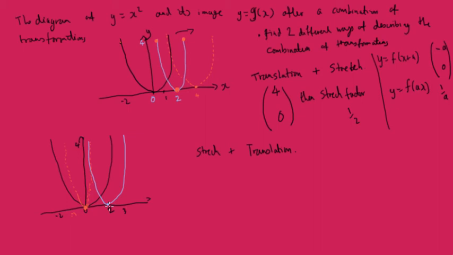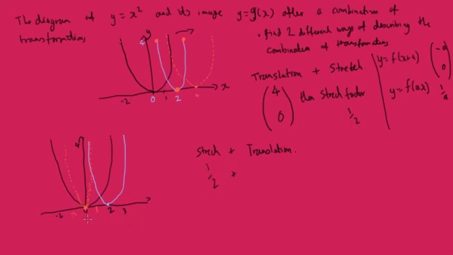Oh, this bit here. Sorry. So this bit here is at 2, and so that is going to come up here at 1. That's meant to be up here. So this looks promising. So let's look at if we have a stretch of half.